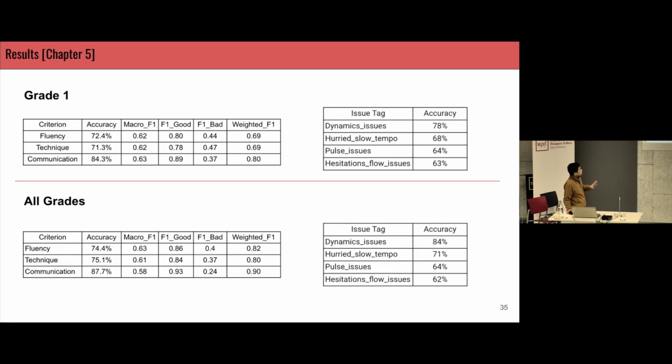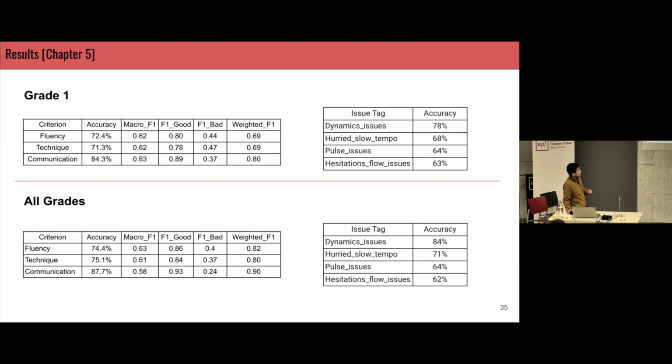It means that if these numbers are good, bigger than the macro F1, the model describes the data set well and performance is better. When we look into the issue tags classification, for both data sets, dynamics issues are performing best.